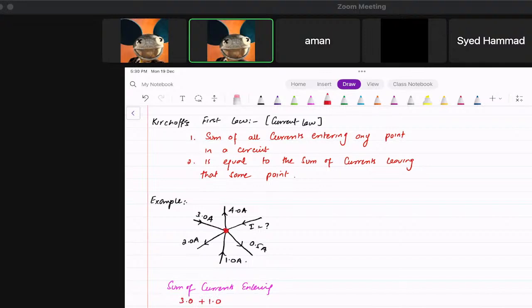Also equals the sum of currents exiting, which means 4, 2 and 0.5, they're all going out, as you can see from the point. If you add them up, it should come out to be 2.5 amperes. Is that clear, everyone?